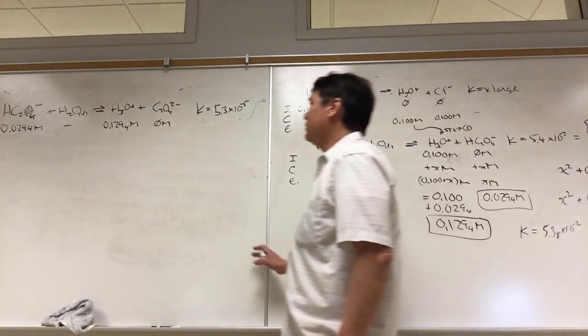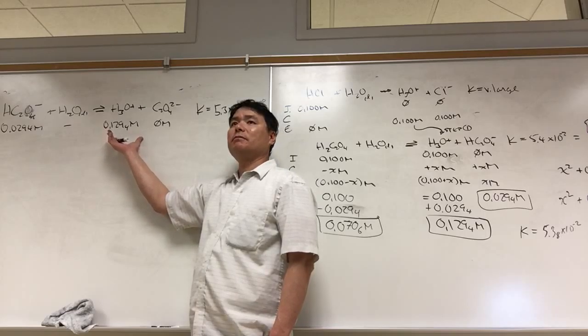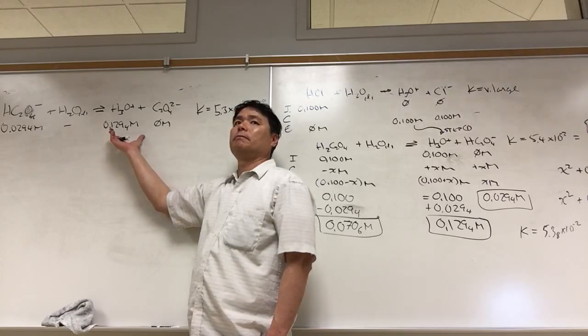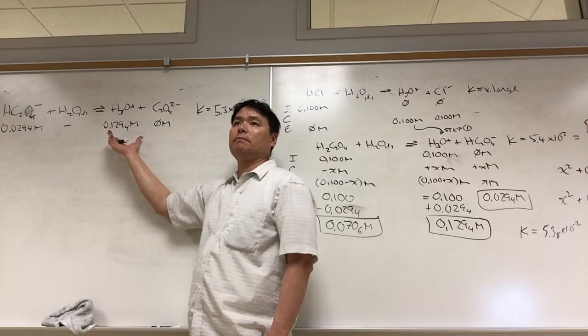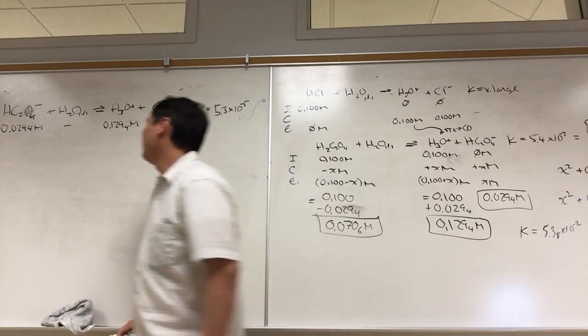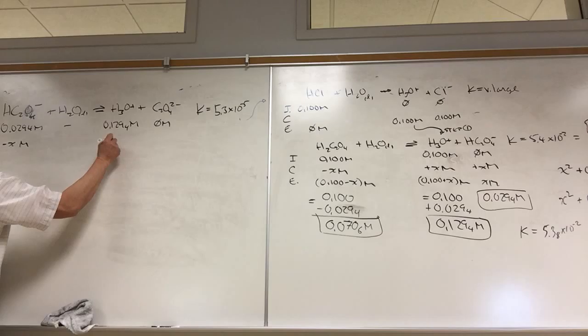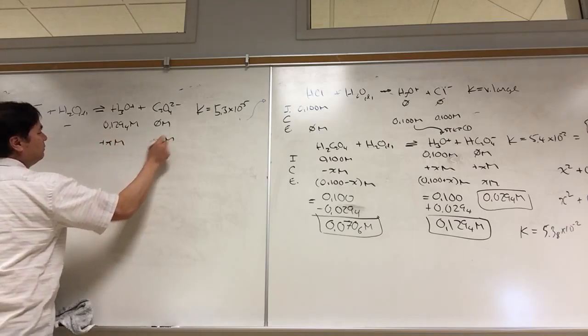So should we consider the additional hydronium that we get from this step? What do you think? Yeah? Okay. Well, let's just check it. If you're unsure, just go ahead and try it. Minus X molar, plus X molar, plus X molar.